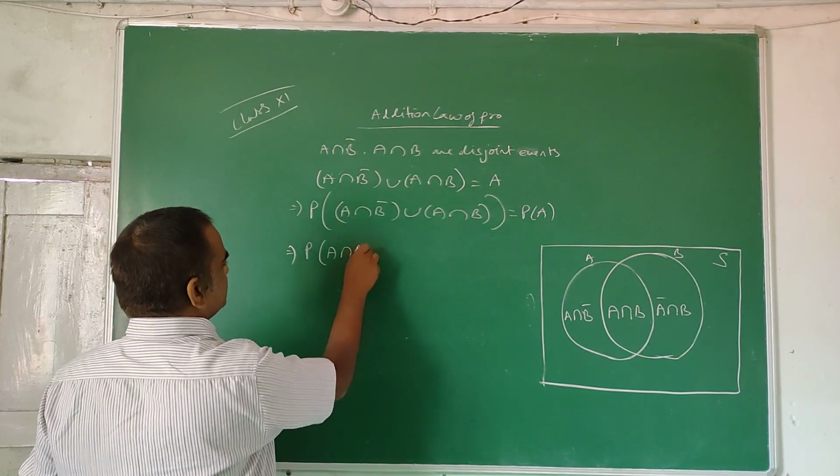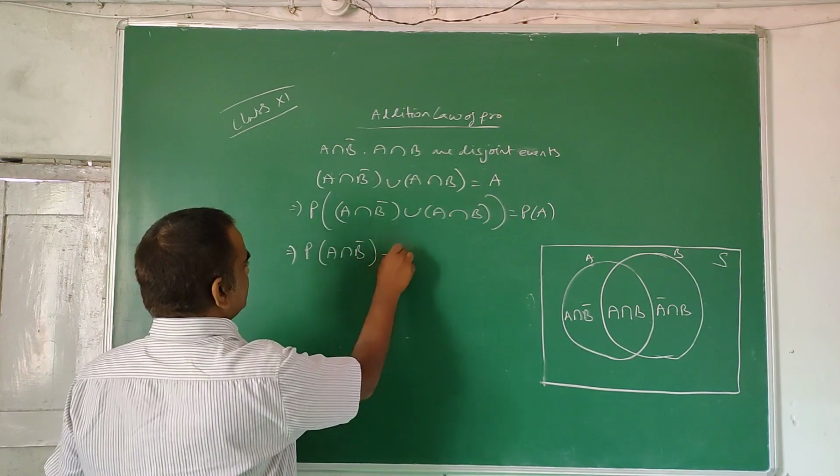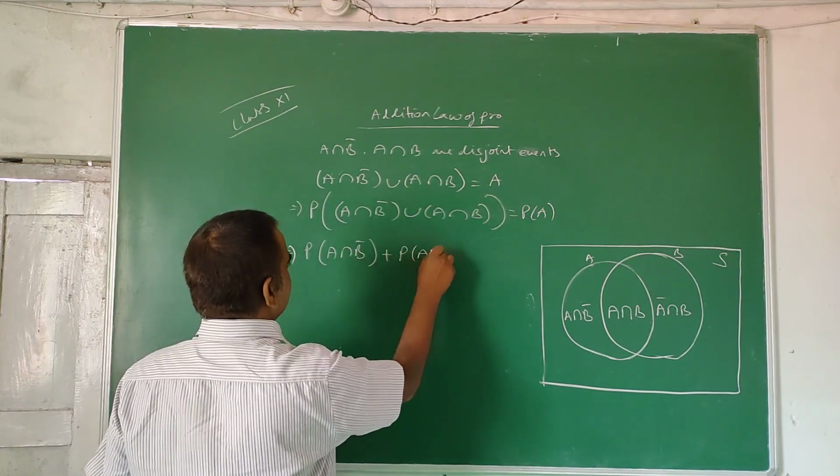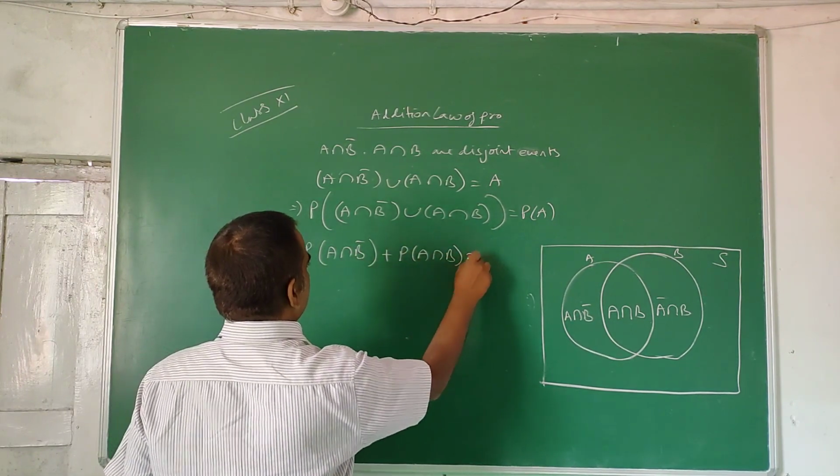So P of A intersection B complement plus P of A intersection B is equal to P of A.